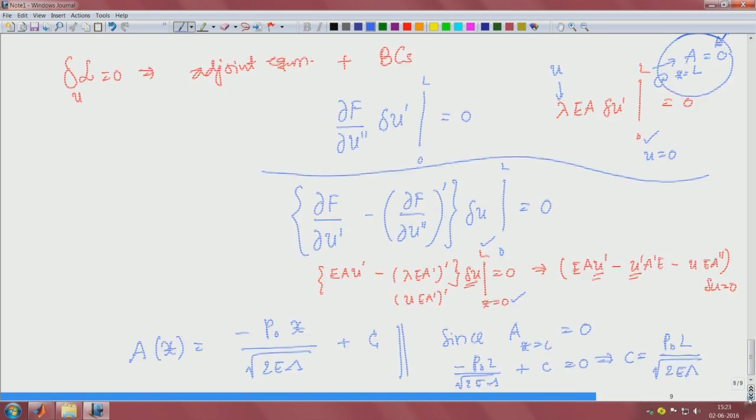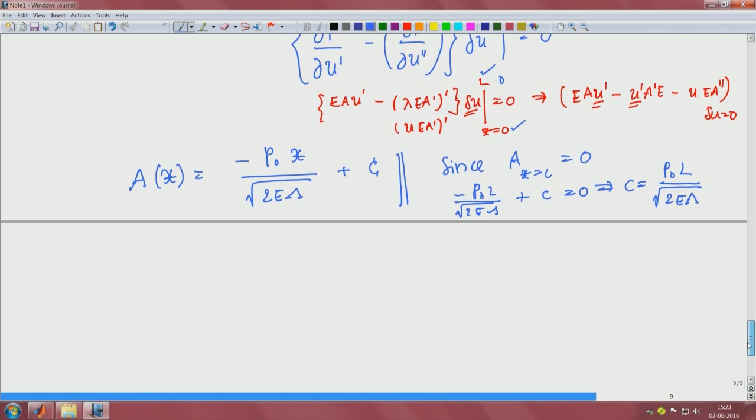Okay. Once we have this much, then we can go back to our volume constraint, integral 0 to L A dx minus V star equal to 0.